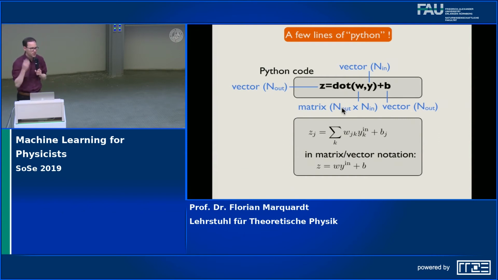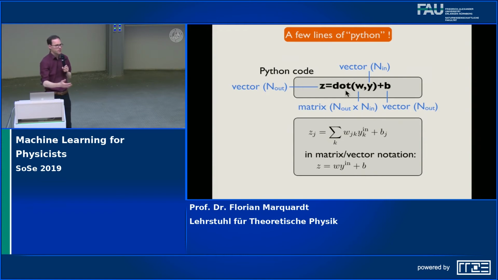And so when you program, you always have to keep track of these things because you can easily confuse yourself. And then this bias vector has an index j. j corresponds to the output neurons. In our case, there were 2. So that's the dimension n_out. And so then, in order to do this matrix vector multiplication, which I wrote down here, in Python, you need to do nothing else but to say dot(w, y).